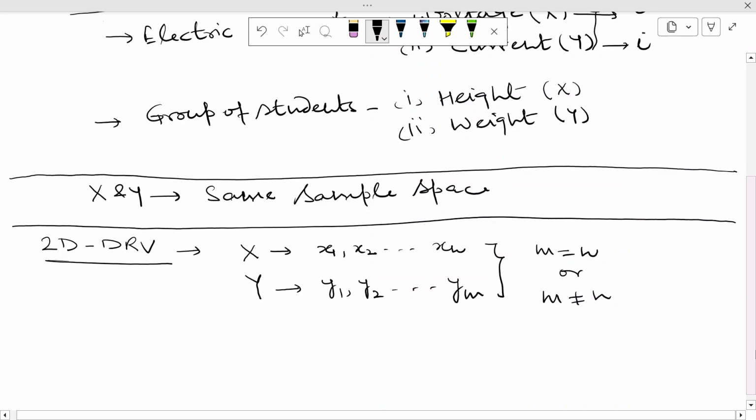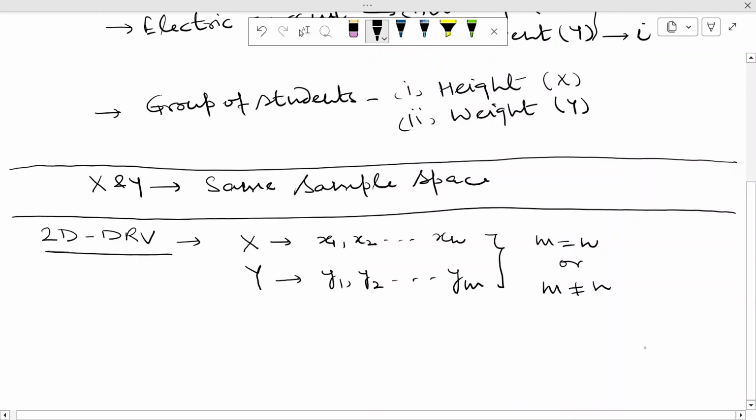Now that we have these values, we have the probabilities for a pair. You can define the probability for a pair, like X takes the value x1 and Y takes the value y1. The probability for this we define as p11.